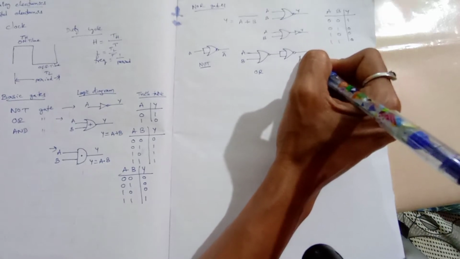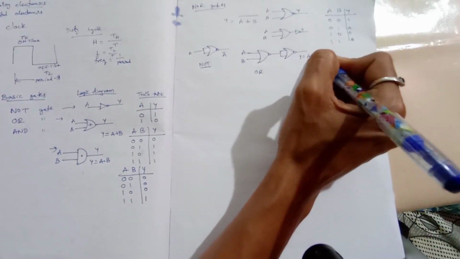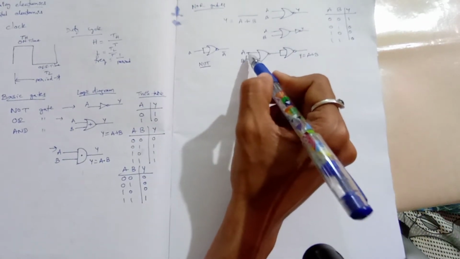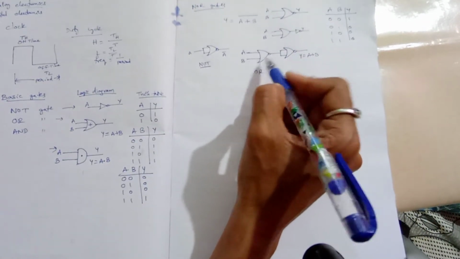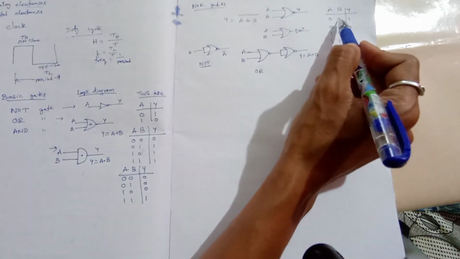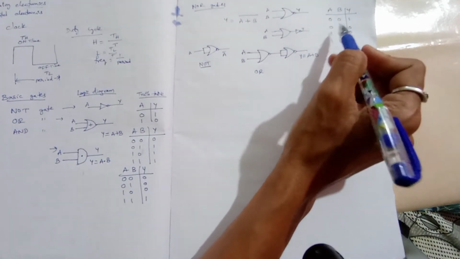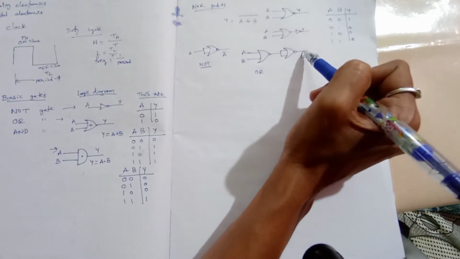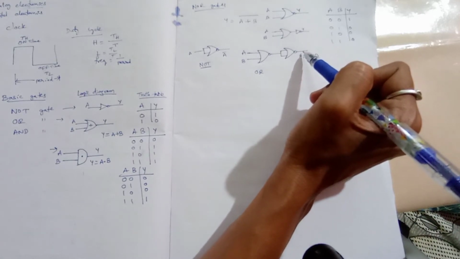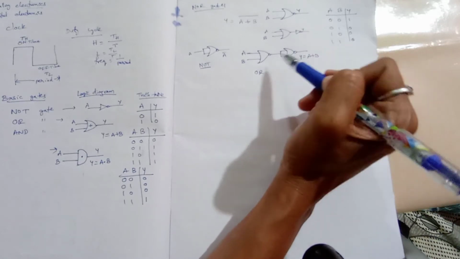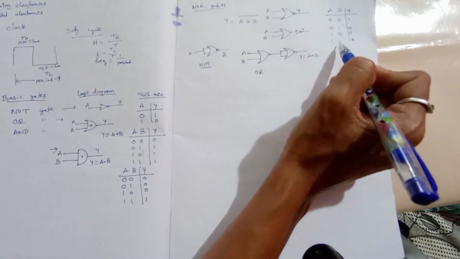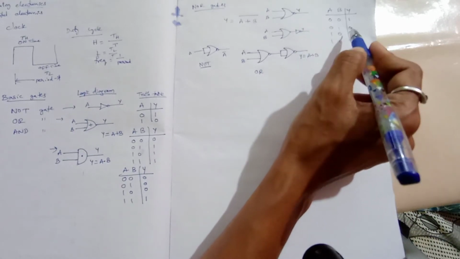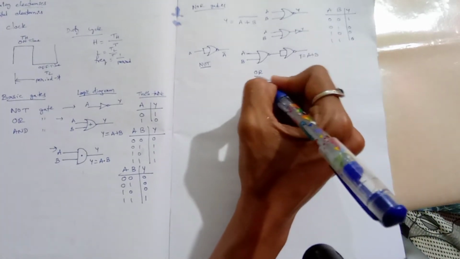Now this Y output is equal to A plus B. We'll consider two inputs A, B. Suppose for example 0, 0. The output becomes 1. 1 is given, the reversed output is 0. So, OR output. Next, when we give these all three cases, this will be again inverted. So, we'll get 1. So, it is working as OR.